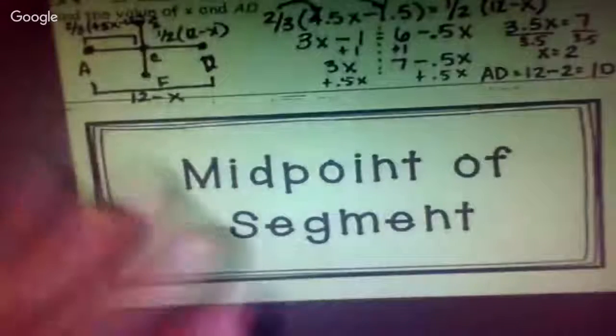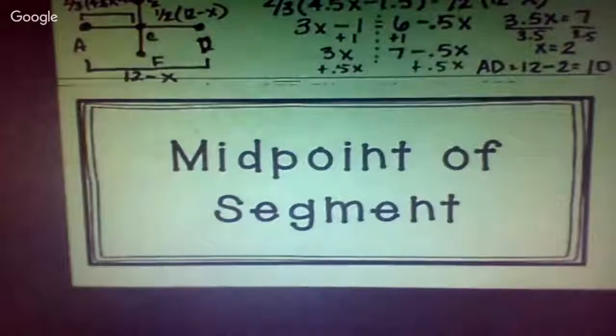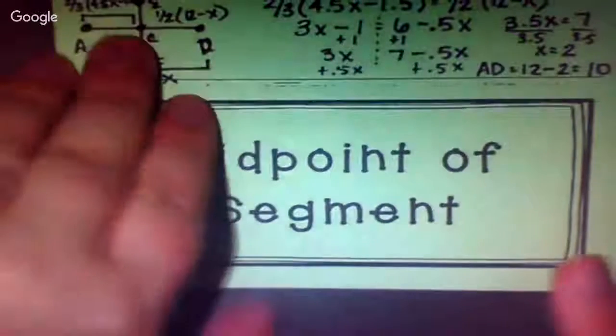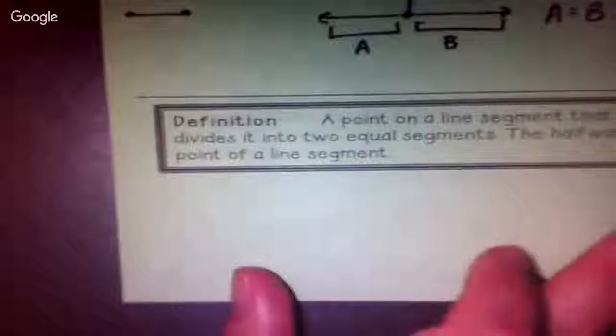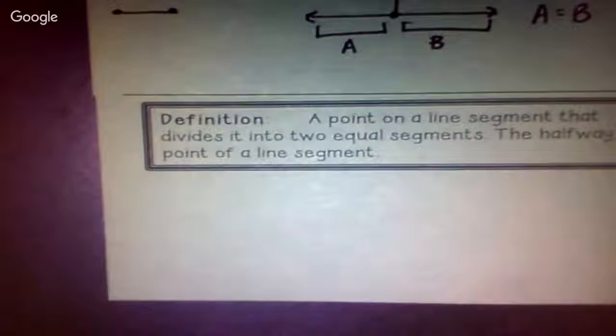Okay, the last segment postulate or theorem we need to talk about is the midpoint of a segment. What does it mean to be the midpoint? In the middle. In the middle, which means what? If my point is in the middle, what does that mean for my left and right side? They're equal. So this is the same beast that we've been dealing with, except they call it a midpoint of the segment. Instead of it being a line that's going to cut the segment into two equal segments, it's just going to be a point.